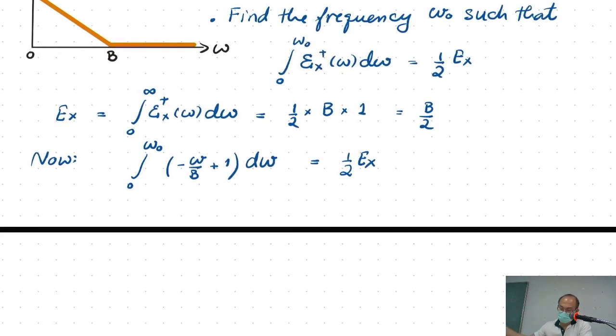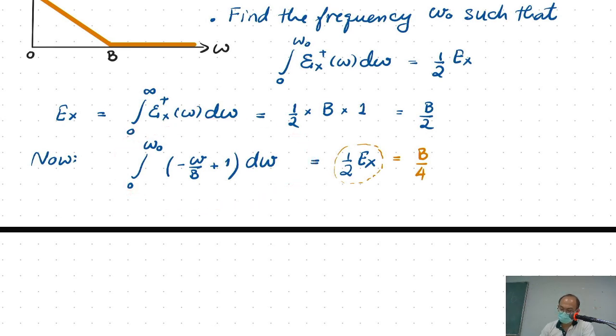So the right hand side is easy. We can just plug in the value that we just found. So this is going to be equal to b over 4, right? We could plug in b over 2 here to Ex, and the result would be b over 4. Now what about the left hand side?